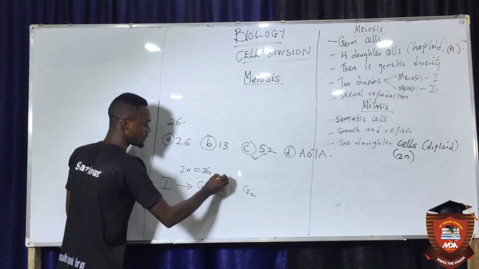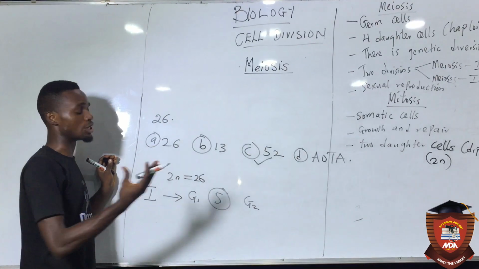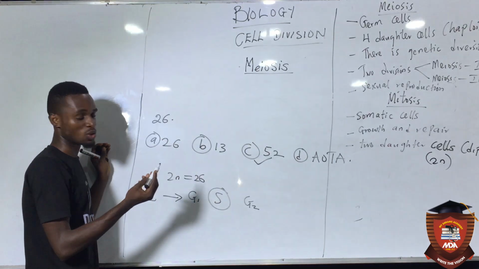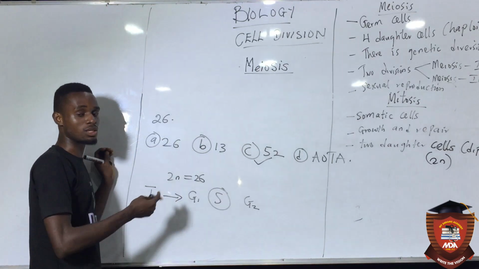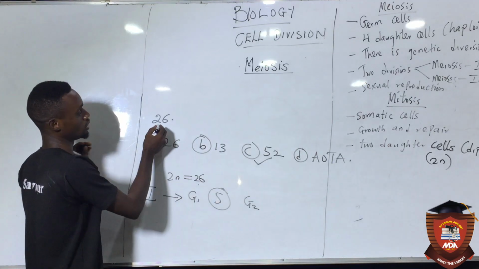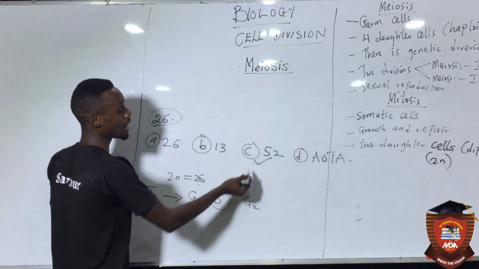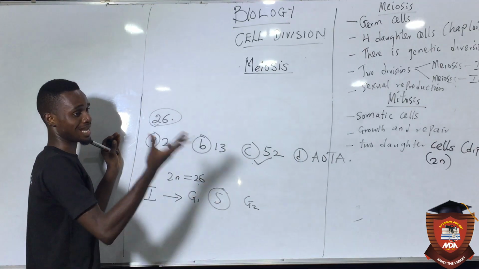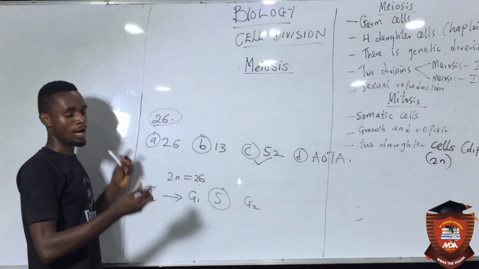In S phase there is synthesis and duplication of the genetic material. So for a cell to start mitosis, it must have duplicated the genetic material prior to that. So it must have duplicated 26 and now has 52 before it starts mitosis. Okay? Another question.